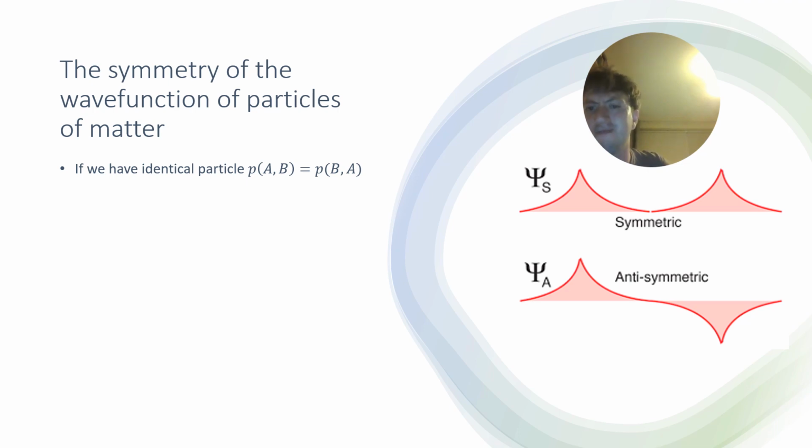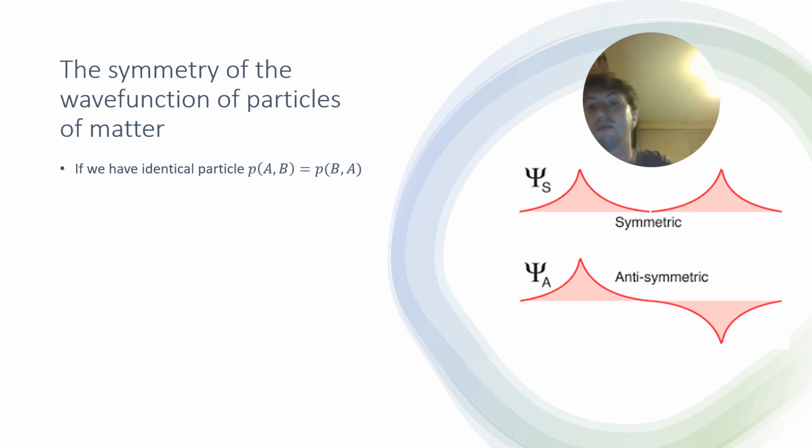There's no difference as far as the physics of the universe is concerned. And because of this, if we have A in position 1 and B in position 2, the probability of some physical observable corresponding to that system is the same as the probability of that observable if we had particle B in position 1 and particle A in position 2. So we get the probability of AB is the same thing as the probability of BA.